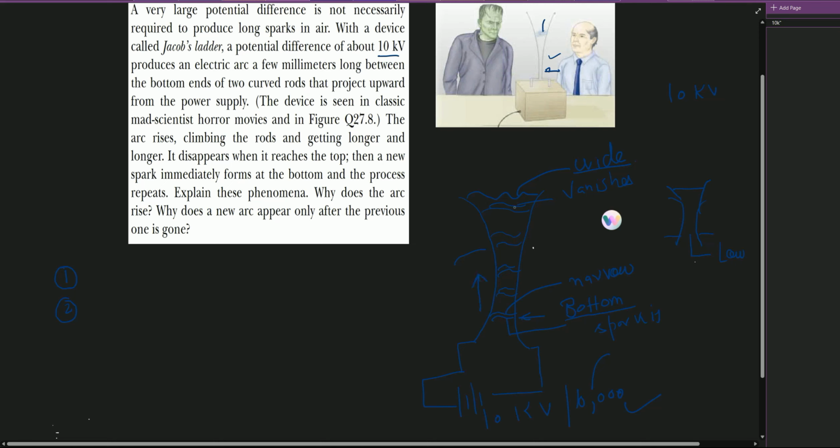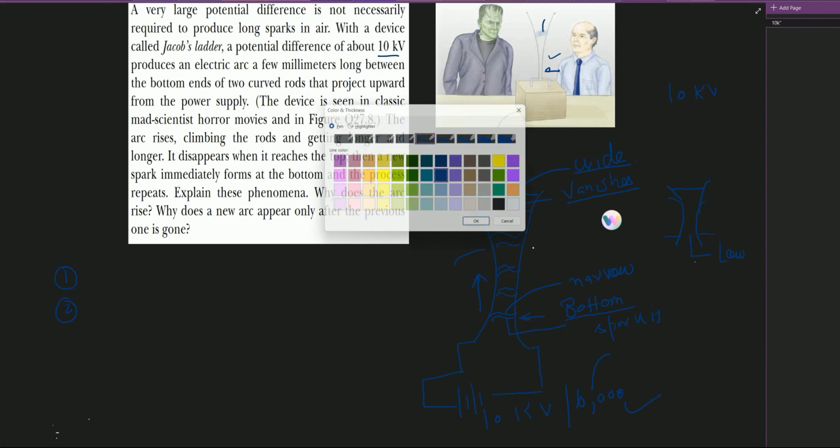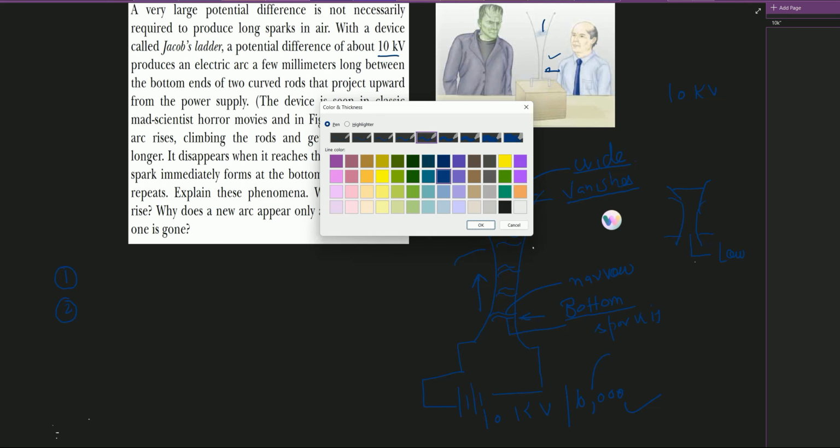And at the top, the spark vanishes, as I mentioned. Once it vanishes, the spark again starts from the bottom and starts traveling upward. This is pretty weird, that this is happening repeatedly. So we need to give a physical explanation, a reasoning, as to why this is happening.